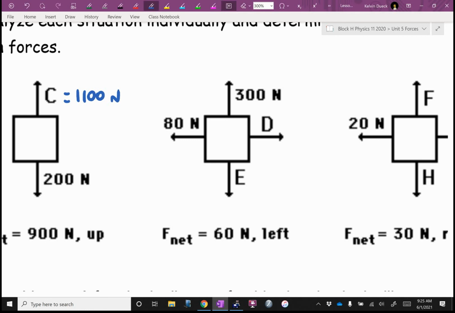What do you think? 20? Is that okay? Yeah. What does E have to be? Okay. Has to be 300. Since there was no up-down force, that must mean they canceled out.